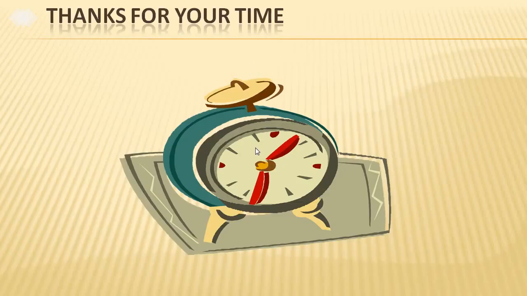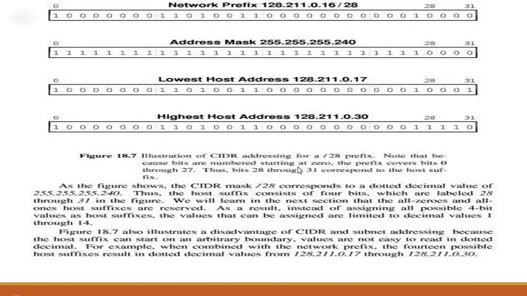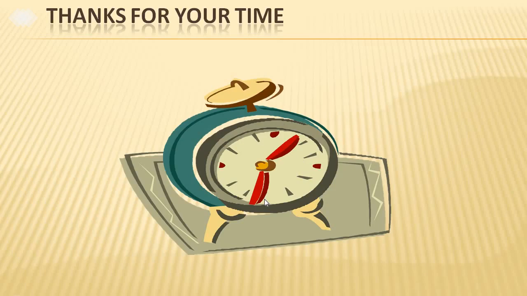So students, this is all about IP addresses. Hope you have understood what an IP address is, how many types of classes there are, the difference between IP version 4 and IP version 6, how classes are differentiated according to their methodologies, and which IP address is related to which class.